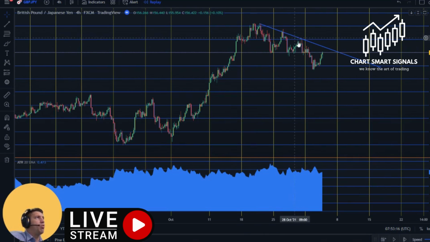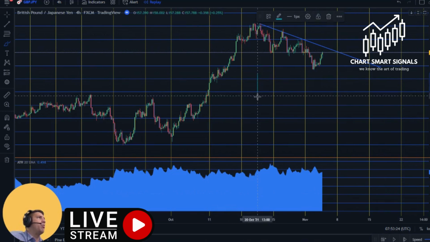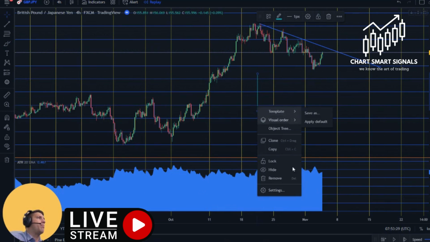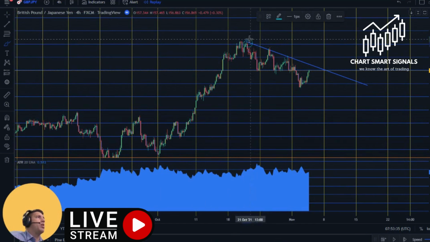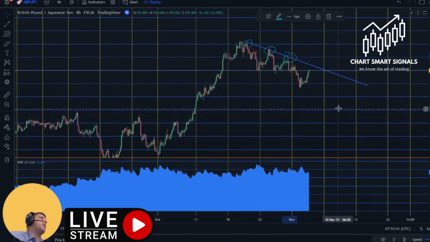In this case, we've drawn our resistance line, and there's going to be one rule that we need to look out for to check the strength of it. I just want to quickly move this down a bit. That is one touch, two touches, three touches, which makes it a strong resistance line.